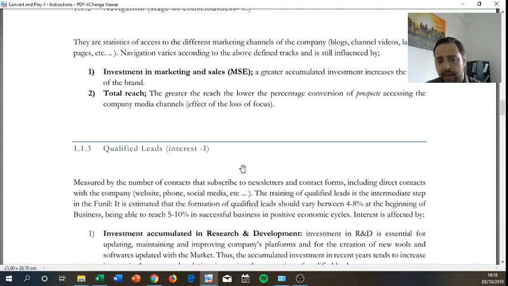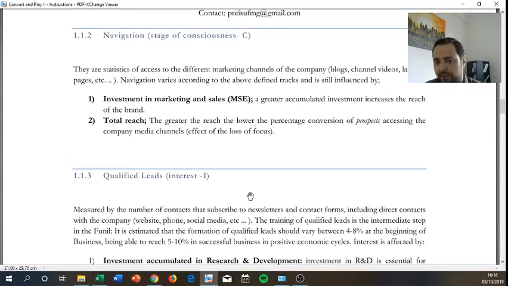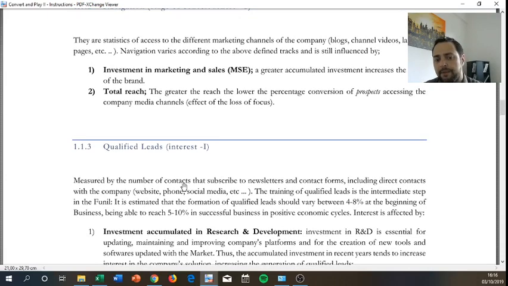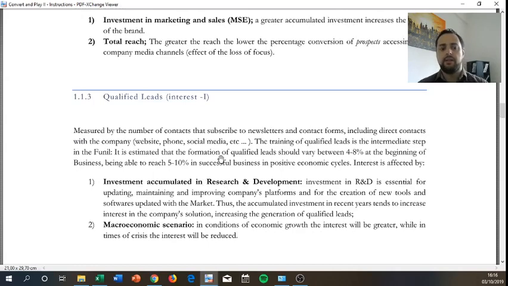After they enter your websites and blogs and so on, the next step is to become a qualified lead. So basically here, the customer will ask for more information about your product. He will try to get some information about the product and so on. And we're talking here about the interest in your product.